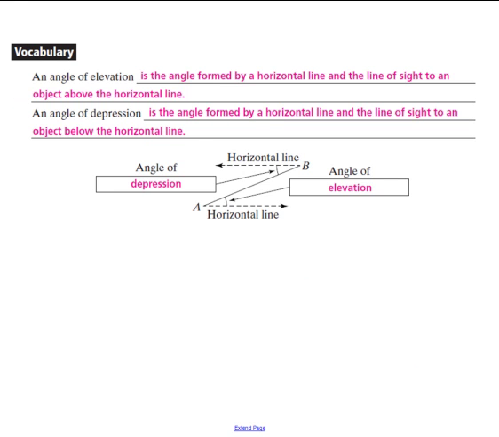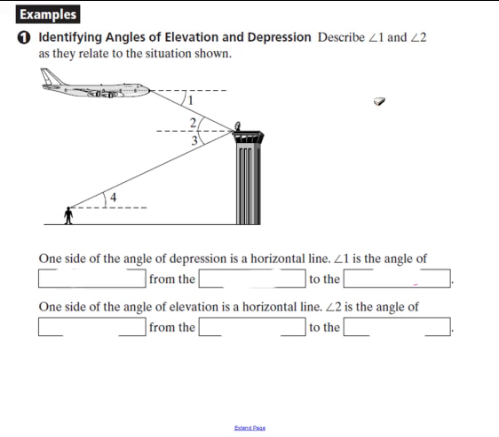So let's look at a couple examples we have here. This first one just wants you to identify the angles of elevation and angles of depression for each situation. So it says one side of the angle of depression is a horizontal line.